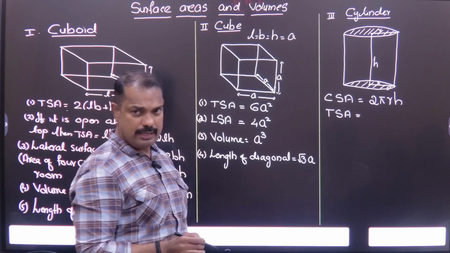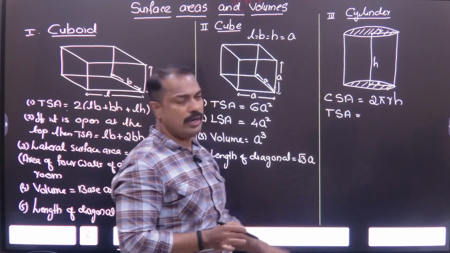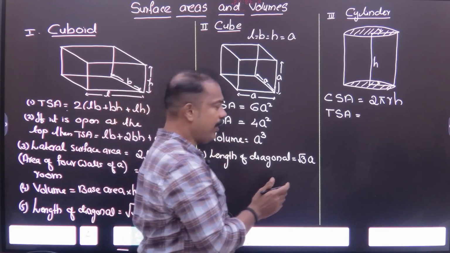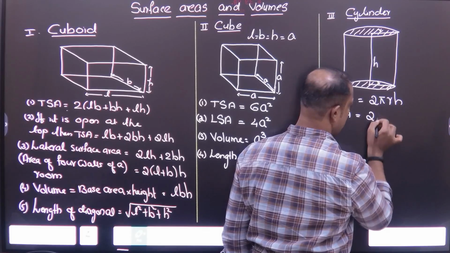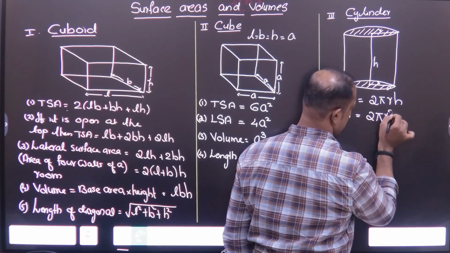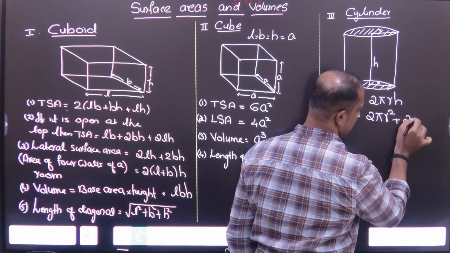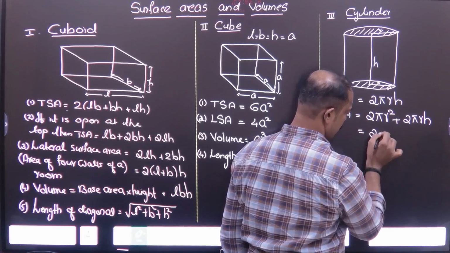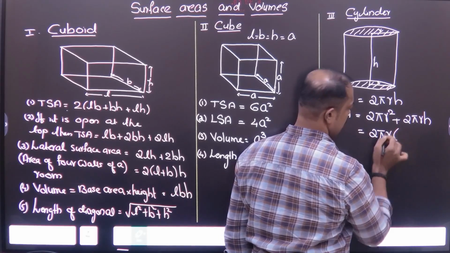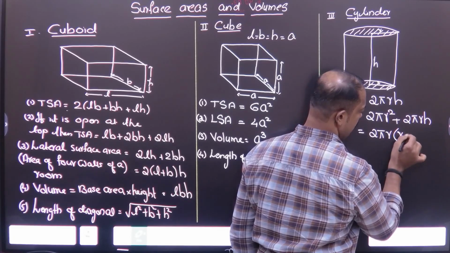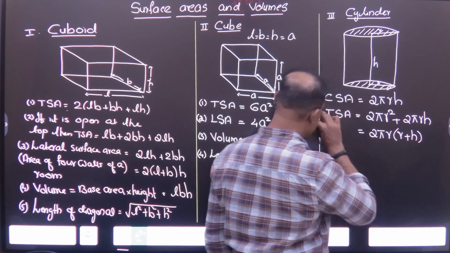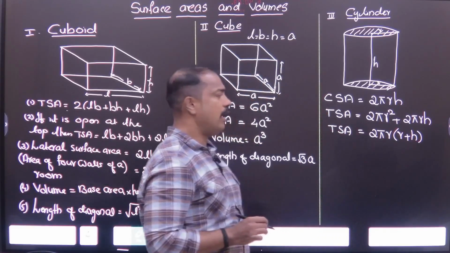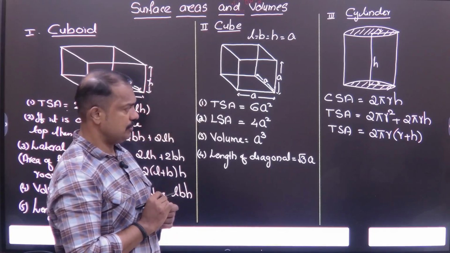That is also circle area, पाई आर स्क्वायर. तो पाई आर स्क्वायर प्लस पाई आर स्क्वायर प्लस सीएसए, दोनों आएगा ना. सो 2 पाई आर स्क्वायर प्लस 2 पाई आर एच. क्या कॉमन है इसमें? 2 पाई आर कॉमन है. सो अंदर आर प्लस एच. So what is the total surface area of the cylinder? 2 पाई आर इंटू (आर प्लस एच).